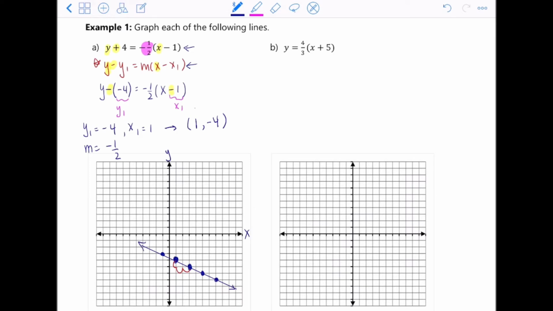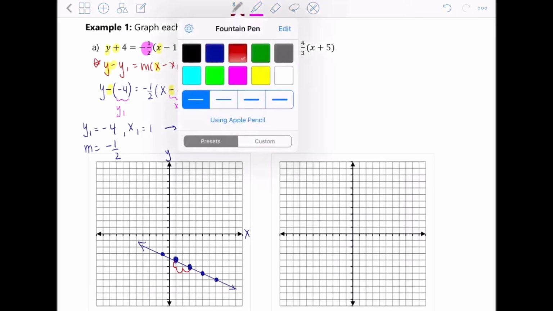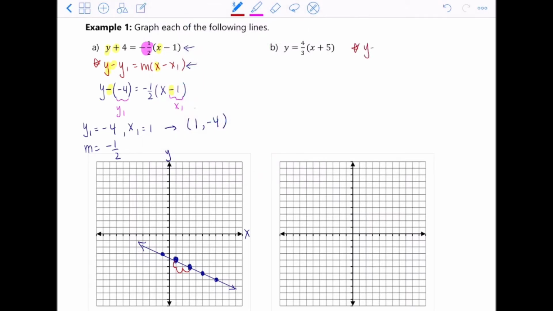So part B, we have a different equation. We're going to note again y minus y1 equals m times (x minus x1). So we're going to rewrite this equation into that form. Notice that this time we don't have a value beside y, so we technically have a 0 there.